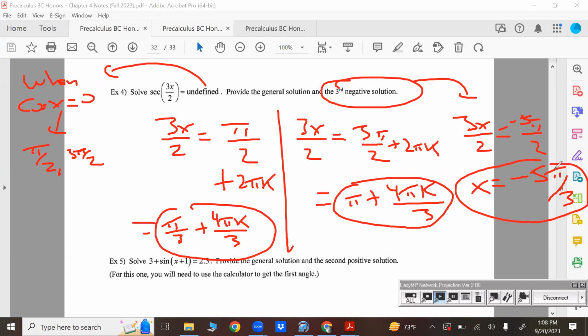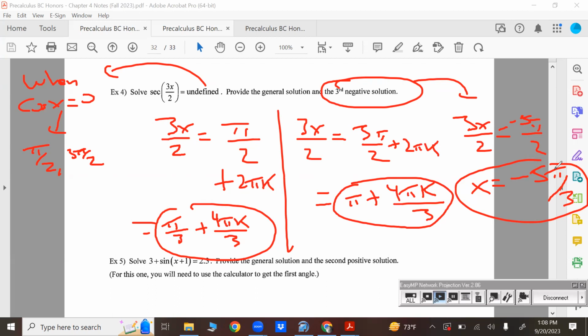What's the negative solution? I know that it's just secant. If we're just solving for secant of x, find the third negative solution, that's going to be negative. Yes, that's what I did.